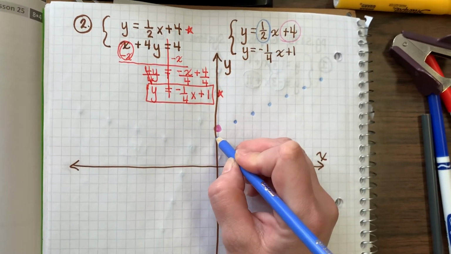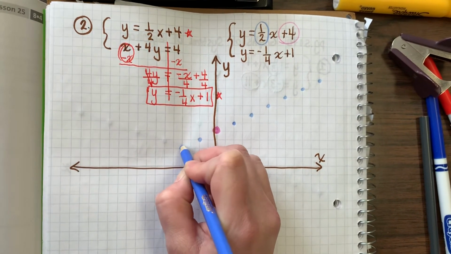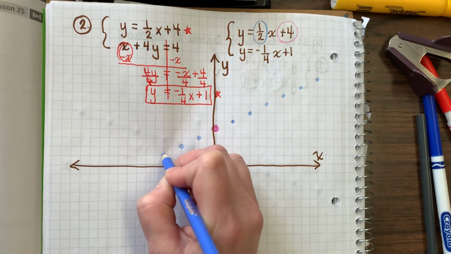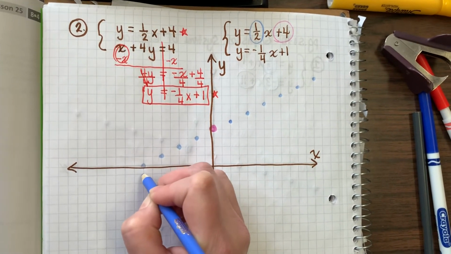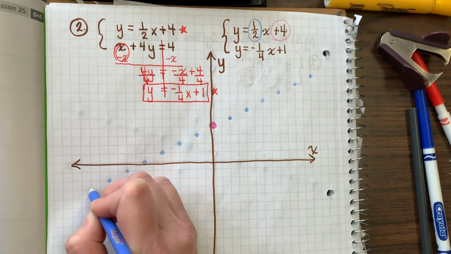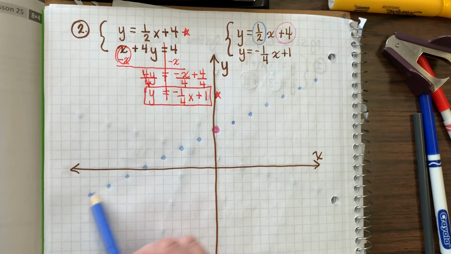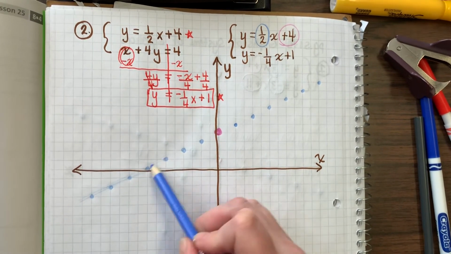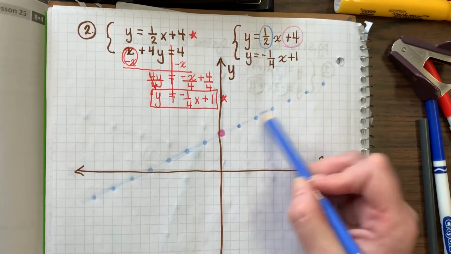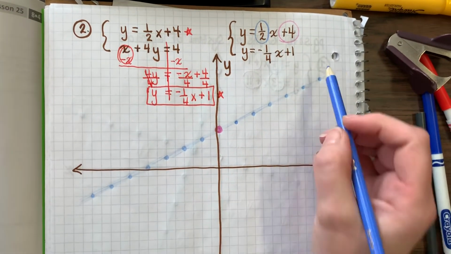I'm going to go down 1 to the left 2, down 1 to the left 2, and I continue until I get off my coordinate plane. So then once you have all of your dots, you can connect your dots and you should get a line.